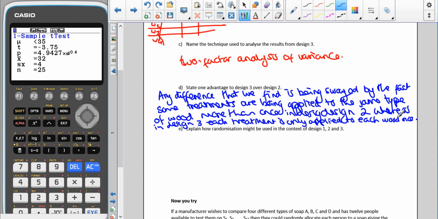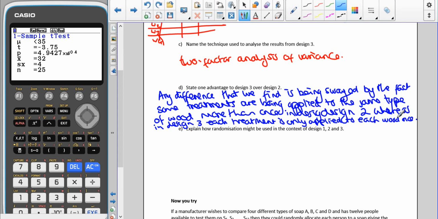And similarly, if wood 1 meant that the treatment dried more slowly, then treatment A is at a disadvantage because it's being applied to wood 1 twice. So you have to think very carefully about this when you are working through it.